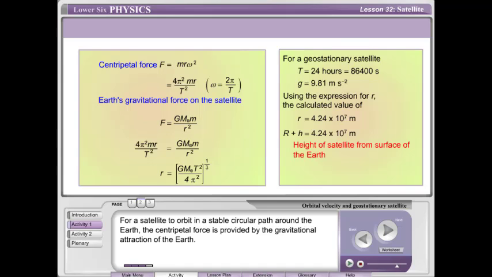R plus h equals 4.24 times 10 to the power 7 meters. Therefore, height of satellite from surface of the Earth h equals 4.24 times 10 to the power 7 minus 6.40 times 10 to the power 6 meters, which equals 3.60 times 10 to the power 7 meters.